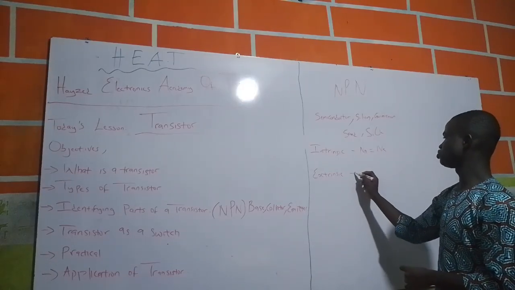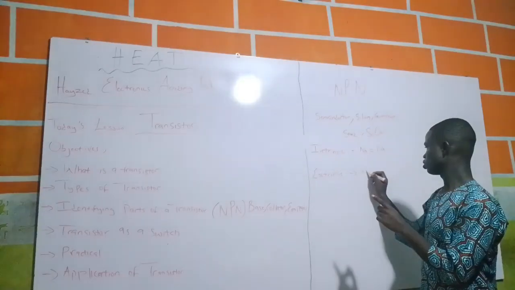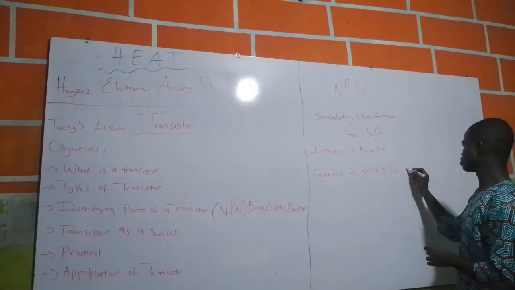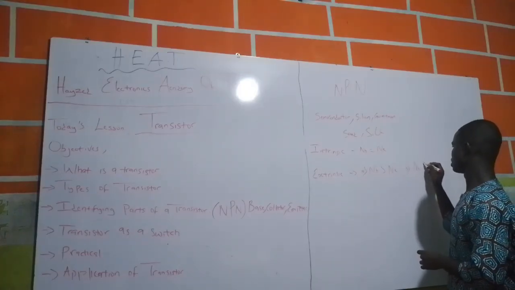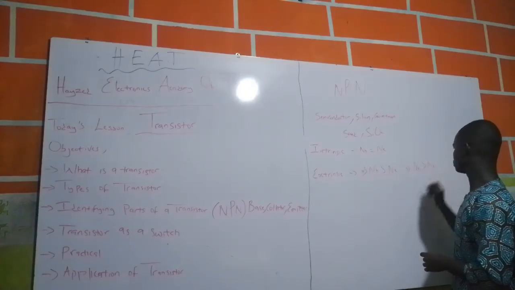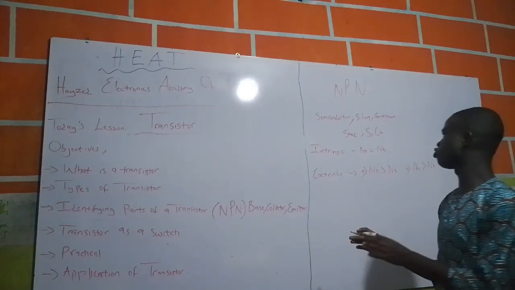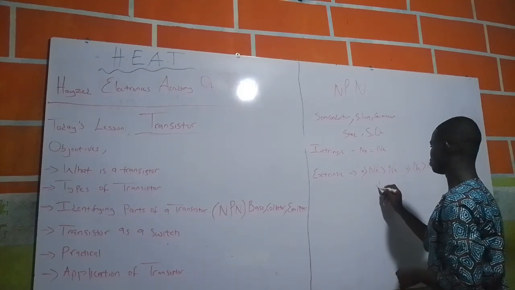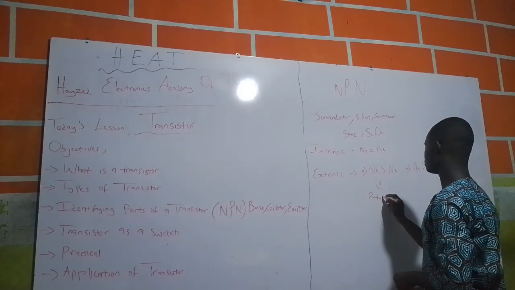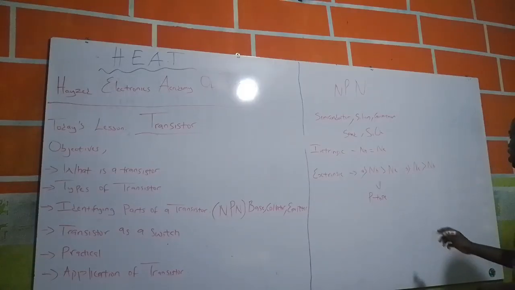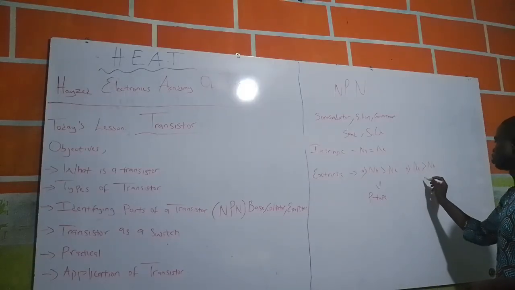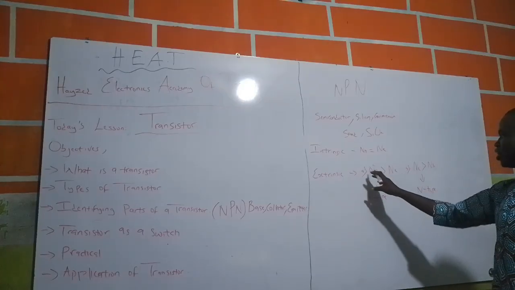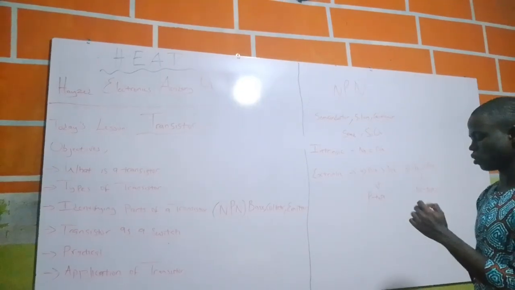But in extrinsic, either the number of holes is greater than the number of electrons, or the number of electrons is greater than the number of holes. I'm not going deep into physics like that. When the number of holes is greater than the number of electrons, that is a P type semiconductor. And when the number of electrons is greater than the number of holes, that's the N type semiconductor. There's a reason why we have these different types, but I'm not discussing that today.